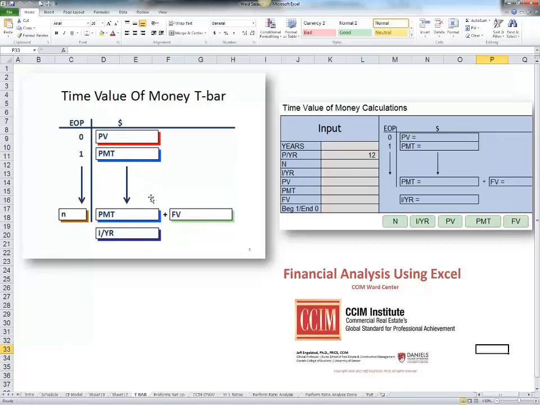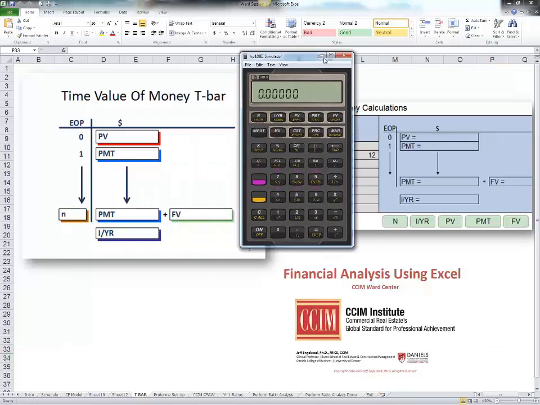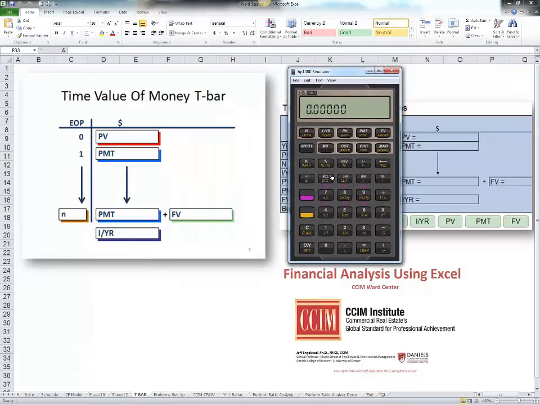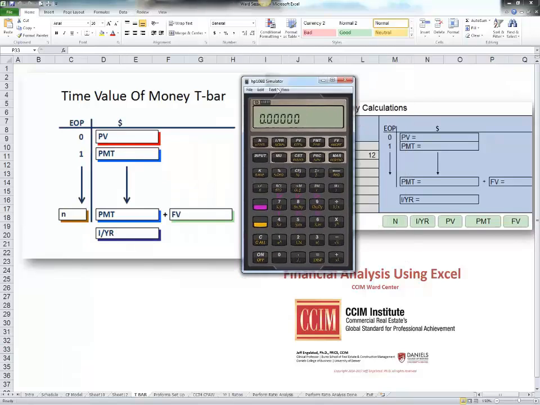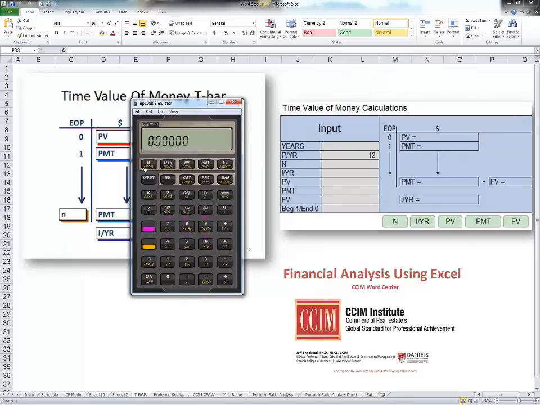So there you have all of the time value of money factors, N, I, present value, payment, and future value represented on this T-chart. Now here I've got a little picture of the CCIM financial calculator, and some of you are familiar with this. It's just an Excel-based application. In fact, it's no different than your handheld calculator. So take a look at your handheld calculator. You've got N, I, present value, payment, and future value, all of the time value of money factors represented.